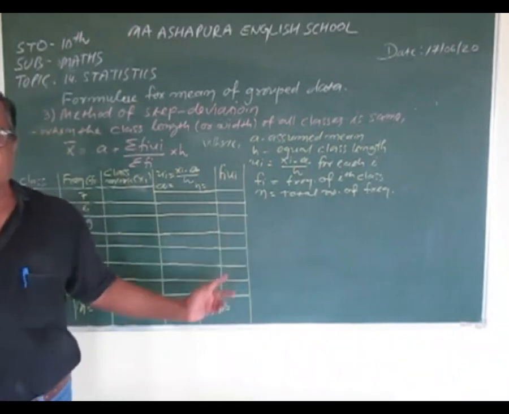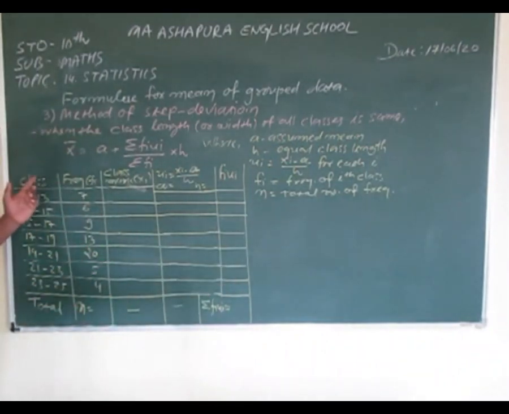Let's see the board. The first column has the classes 11 to 13, 13 to 15, 15 to 17, 17 to 19, 19 to 21, 21 to 23, and last 23 to 25. Here the width of the classes is the same.